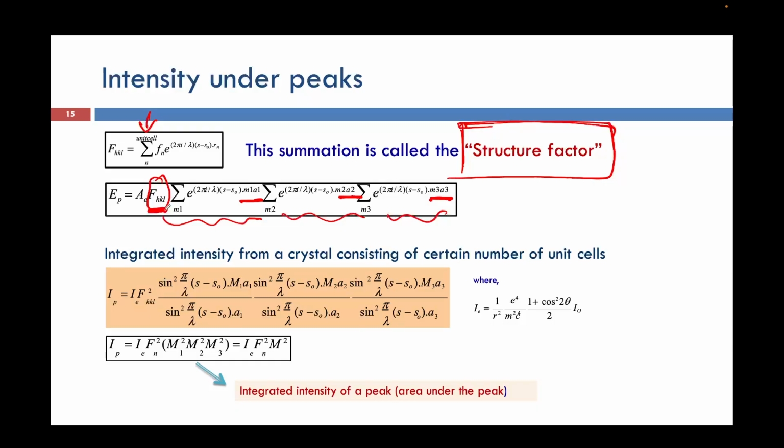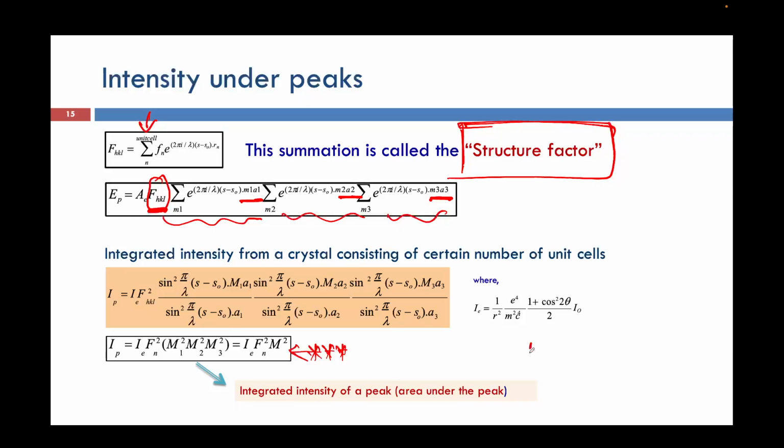When I do some mathematical simplification by assuming many things, I finally get this expression. This is one of the most important expressions, not in terms of calculation, but in terms of understanding why the structure factor is so important when we are indexing or calculating the intensity in our X-ray diffractogram.